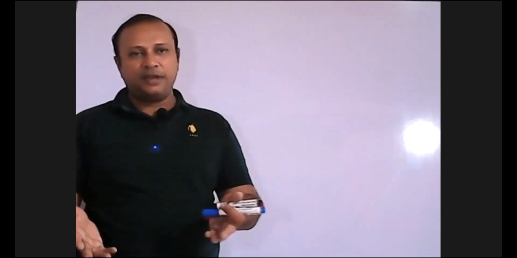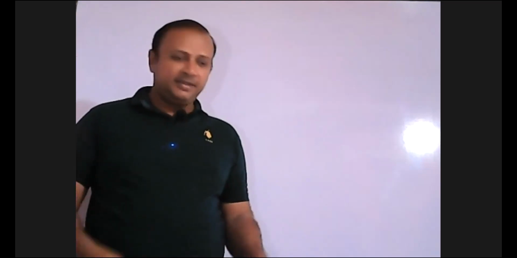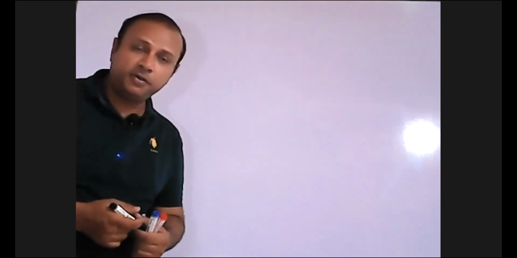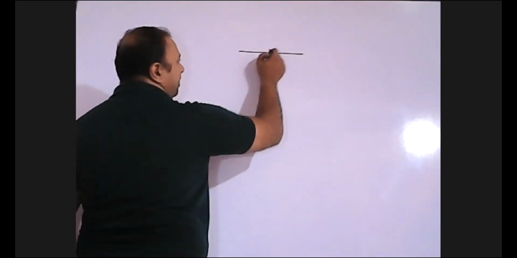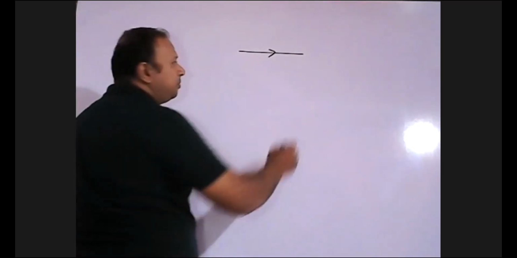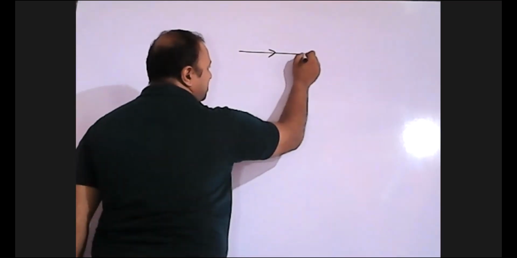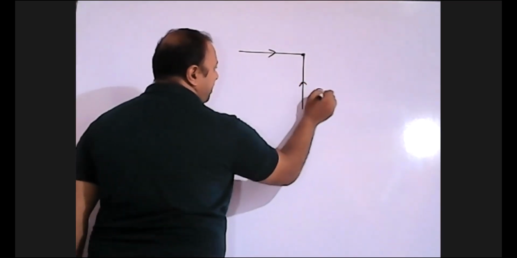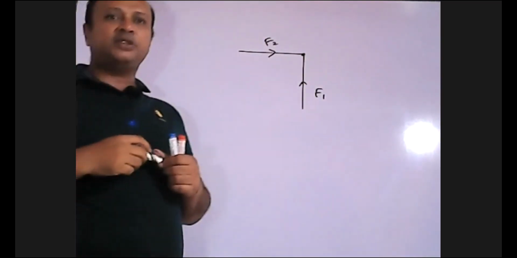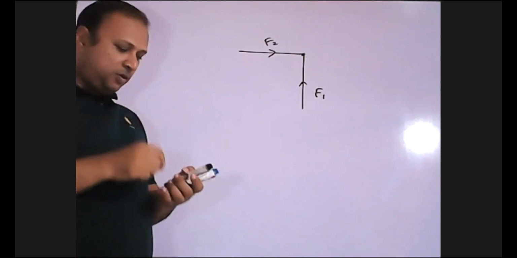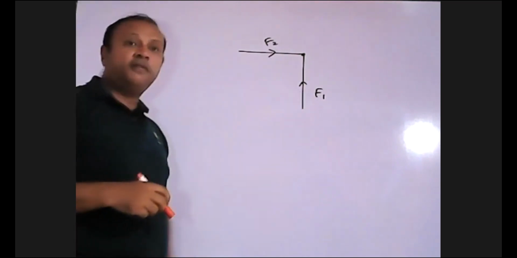If you want to add two forces, you have to coincide their starting point and end point. You can go for the basic. Suppose there are two forces like this, F1 and F2. What is the starting point of F1?